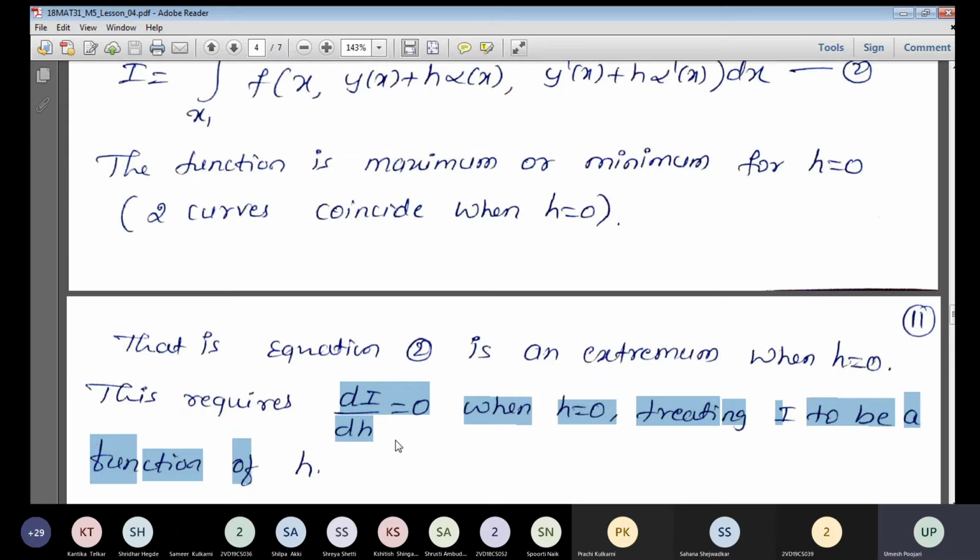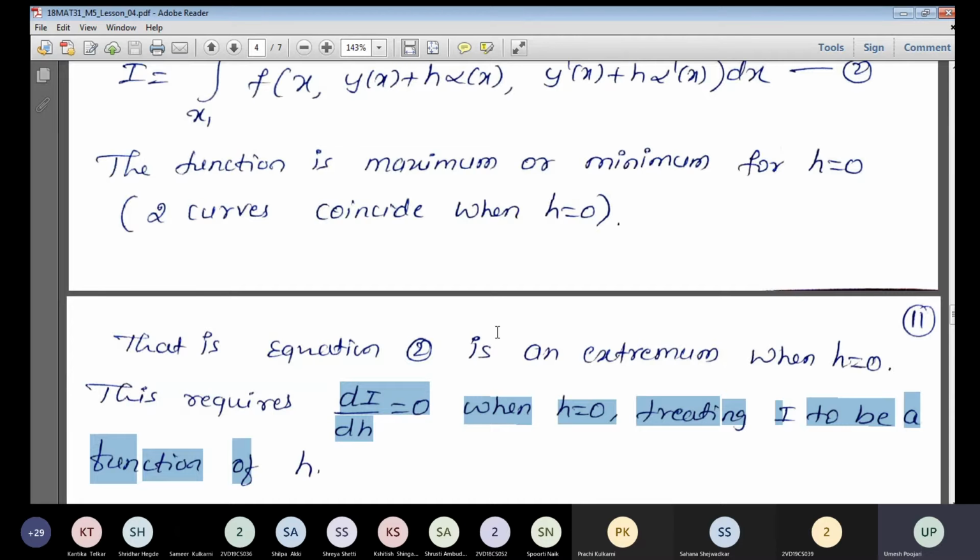You used to find f dash of x. Yes or no? F dash of x equals how much? 2x plus 2. You have to find the derivative df by dx, derivative of f with respect to x, because f is a function depending on the variable x. So you used to find df by dx, that should be 0. So by considering f dash of x equal to 0, you used to find the stationary points or critical points.